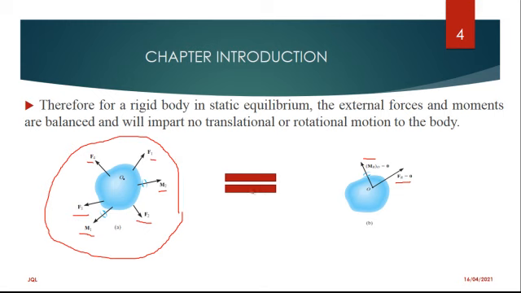So how do you arrive at this? By applying the basic equations of equilibrium. That is summation of forces in the y, summation of forces in the x, summation of forces in the z, if it's in three dimensions. And at the same time, summation of moments.